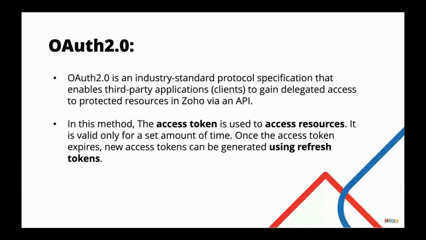Here in Zoho Creator, the access token's lifetime is 1 hour. If you generate the access token, it stays live for 1 hour. After 1 hour, this access token will be invalid, so you need to regenerate a new access token.